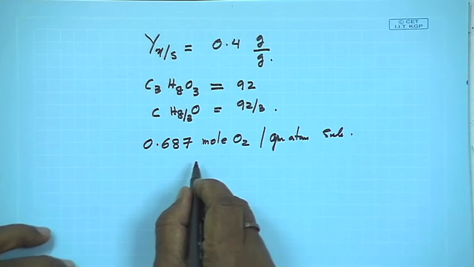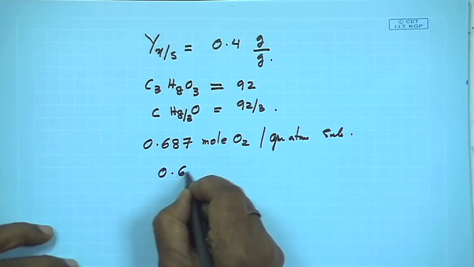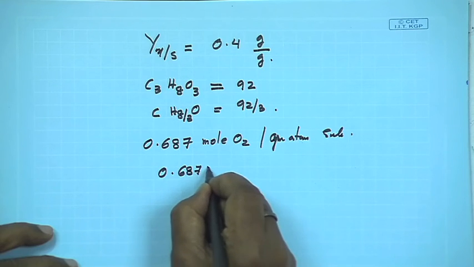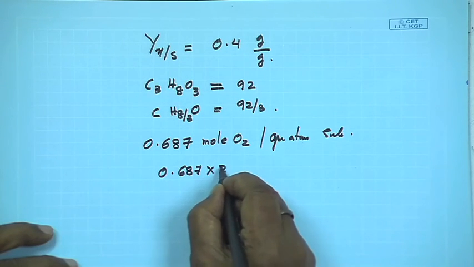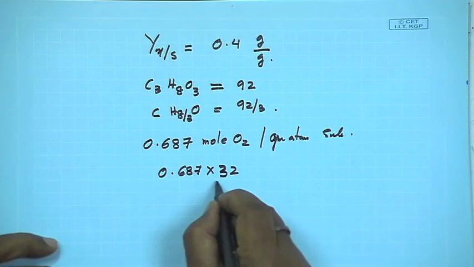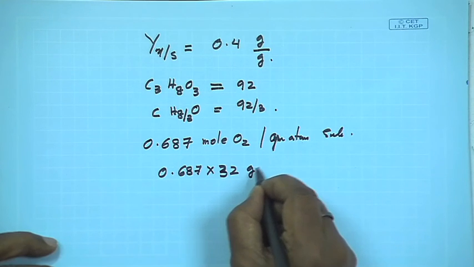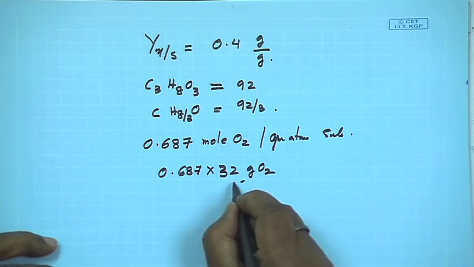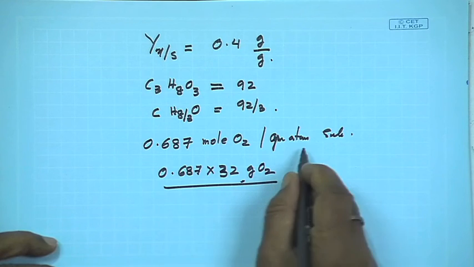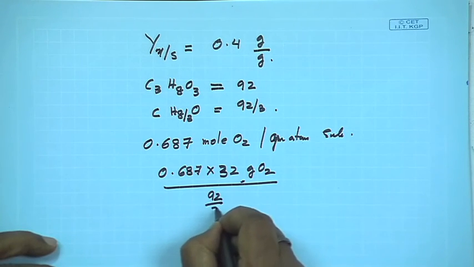The molecular weight of oxygen is 32, so it is 0.687 into 32 grams of oxygen. And 1 gram atom of substrate is about 92 divided by 3.